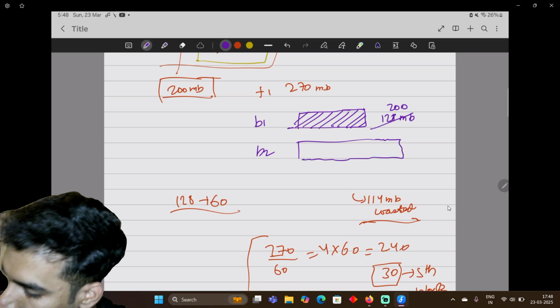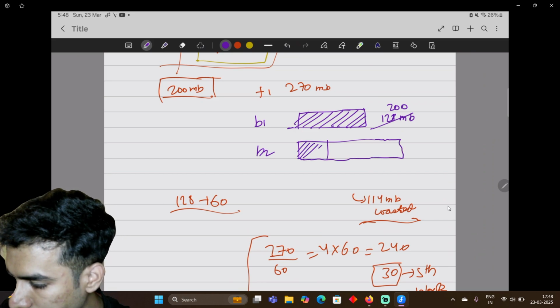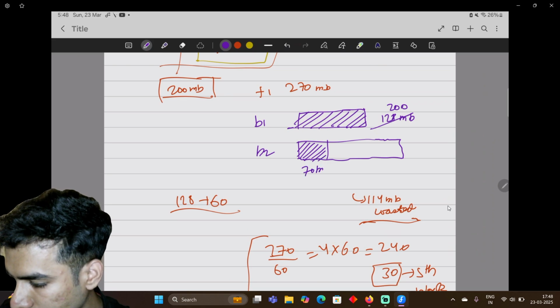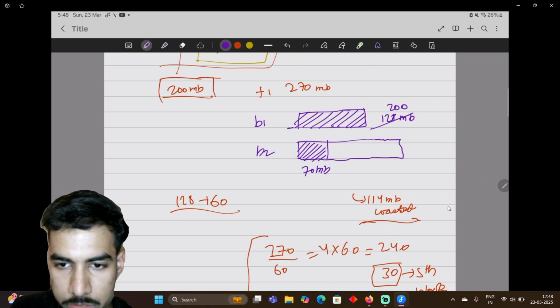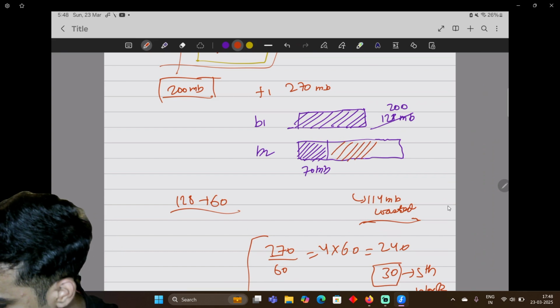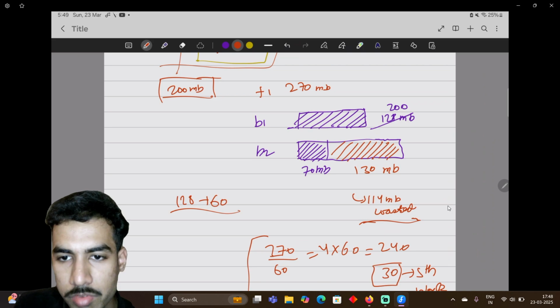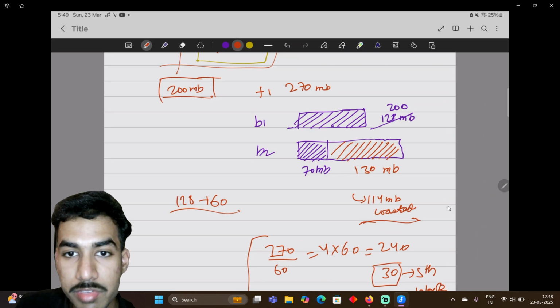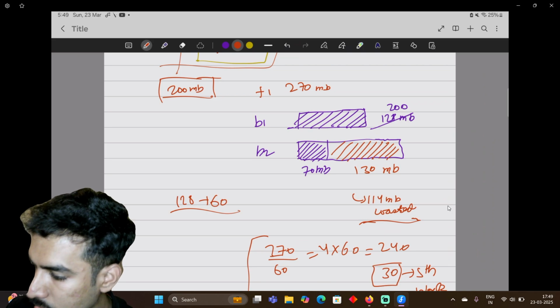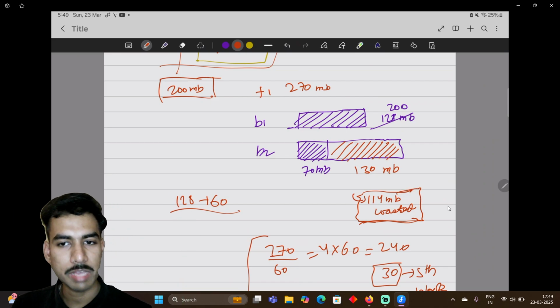Only 70 MB is required as a remainder, so 70 MB is taken in the second block. But now 130 MB is getting wasted instead of 114. So the wastage increased.